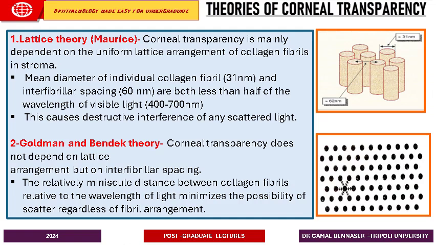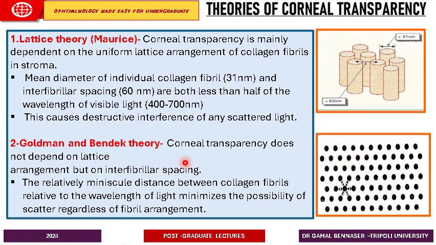As we have said before, one of the main functions of the stroma is to keep the corneal transparency. And this corneal transparency is related to a large extent to the special and peculiar arrangement of the collagen fibers within the stroma.